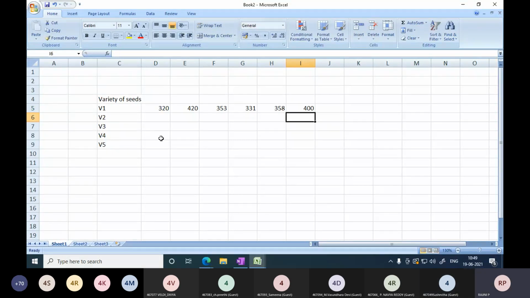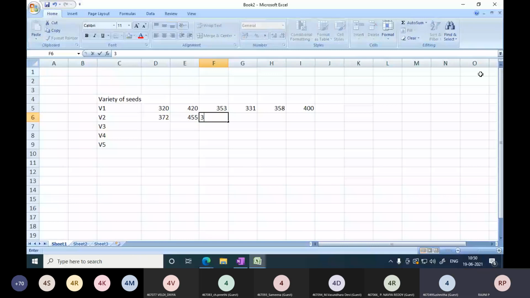Next, V2 values are 372, 455, 375, 328, 383, 308.